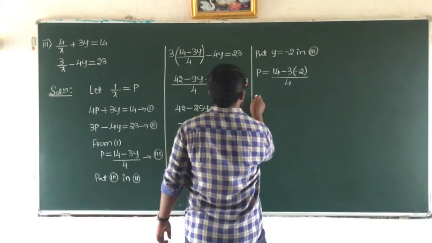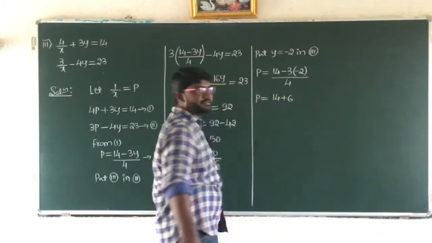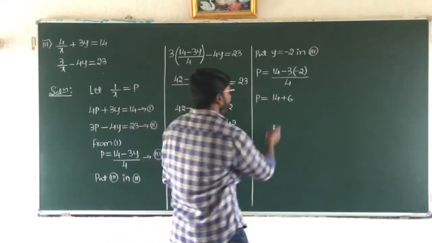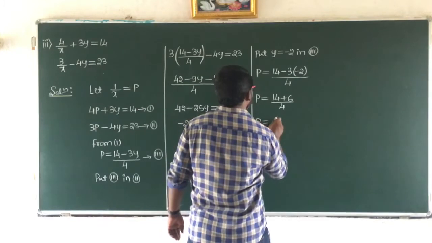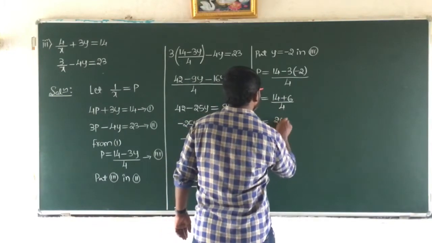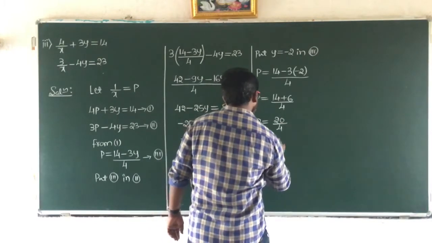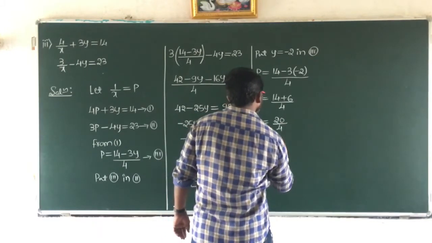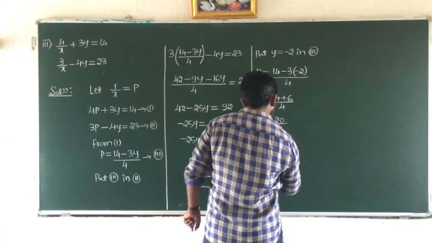Now p is equal to 14 plus 6, minus into minus it is plus, 3 into 2 will give us 6, divided by 4. Then p is equal to 14 plus 6 will be 20 divided by 4. So p which is equal to 5. 20 by 4 will be 5. This is the value of p.